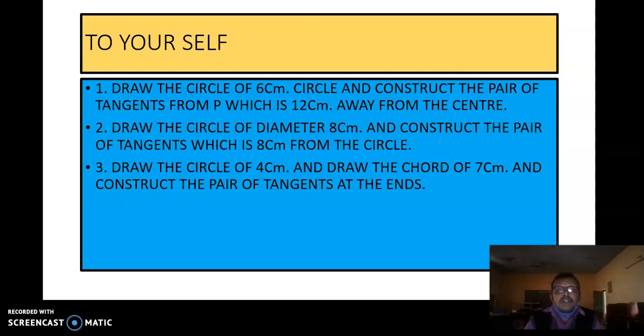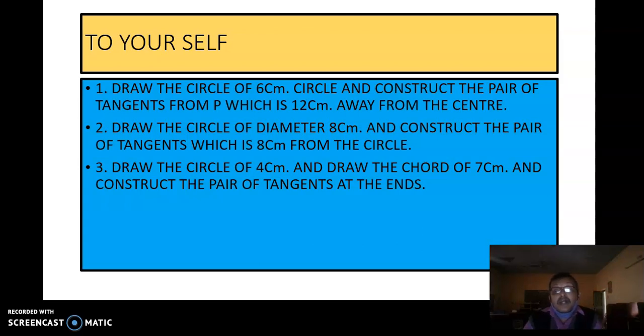Here you have to consider 8 centimeter from the circumference, because the diameter is 8 centimeter, so the radius is half of that, that means 4 centimeter. So add 8 centimeter, then you will get 12 centimeter. You have to take 12 centimeter from the center of the circle, or you can take 8 centimeter from the circumference of the circle.